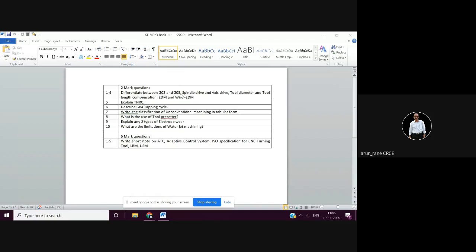Differentiate between G02 and G03. Now when it is a 2 marks question and it is differentiation, first thing is that I think you better write this so that there is no confusion and you people will not keep on asking me, सर मेरे को इधर इधर काटा उधर काटा ये बराबर नहीं इधर कम क्यों किया उधर कम क्यों किया. First, technically the answer should be correct.